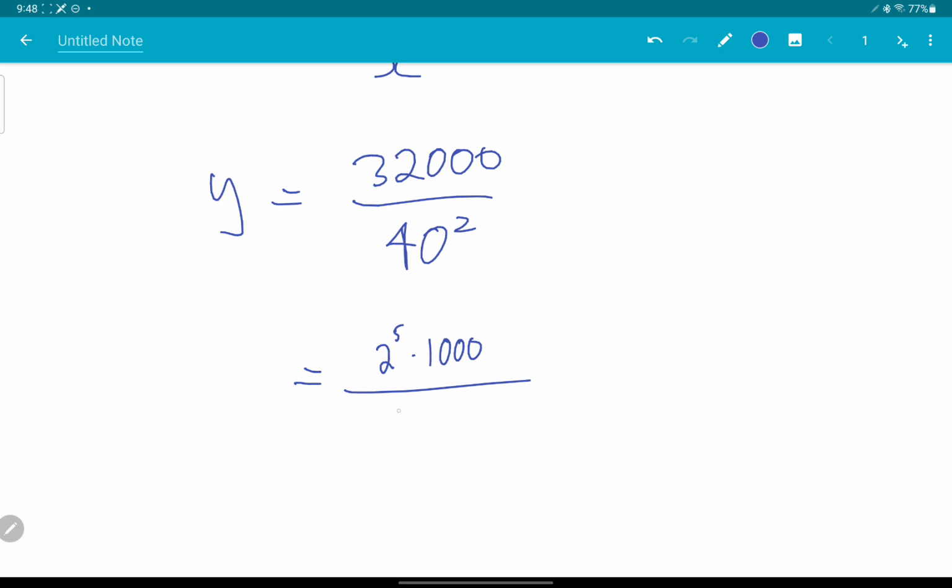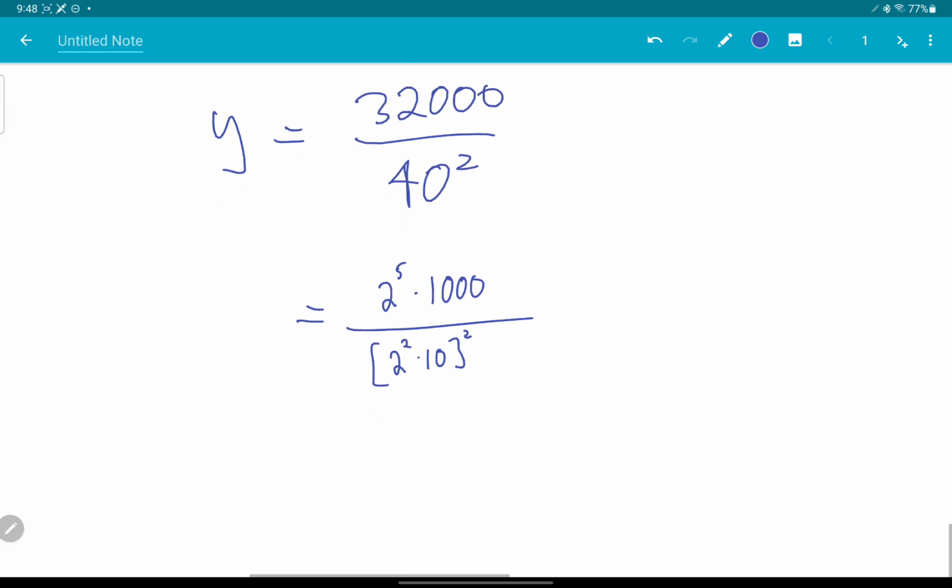On the bottom, I have 2 squared times 10, all squared. So this factoring is going to make it a lot easier to cancel all the nonsense here. So I get 2 to the 4 dot 100.